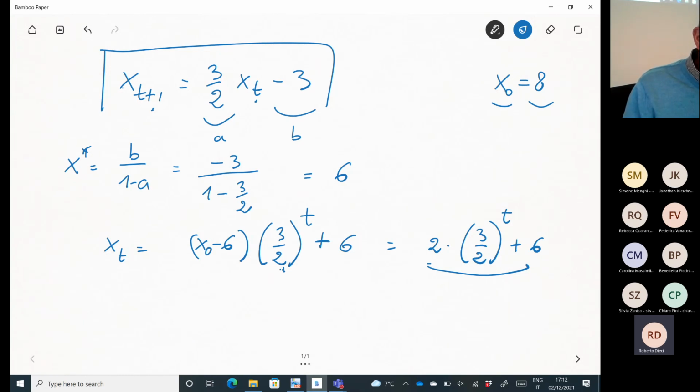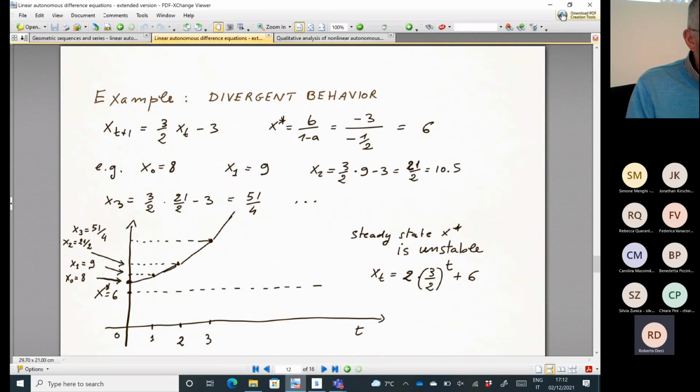So, for instance, if you go back to the slides, we want to compute the first three terms of the sequence. x0 is equal to 8. x1 will be equal to 3/2 times 8, which is 12, minus 3, it's 9.